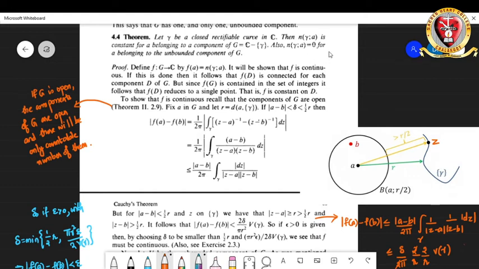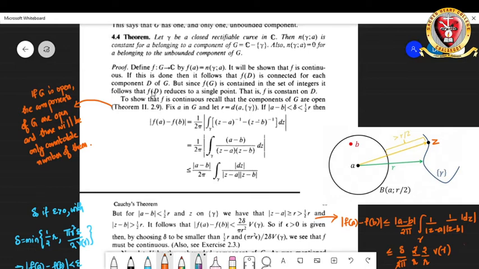Suppose we prove that f is continuous. How do we move through the proof? We know that a continuous image of a connected set is connected. So whenever D is a component, if we proved f is continuous, then we know that f of D is connected for each connected component D of G. But f is a function from G to C and f of a is an index number, so the range will be a set of integers.